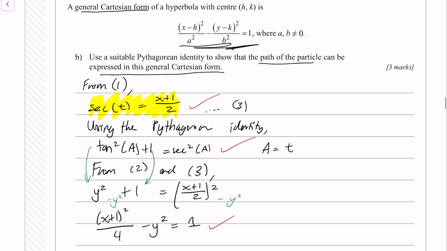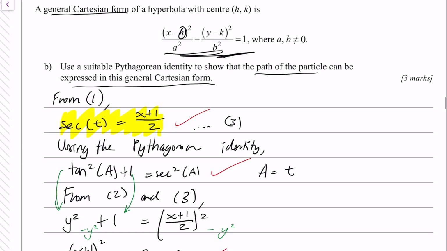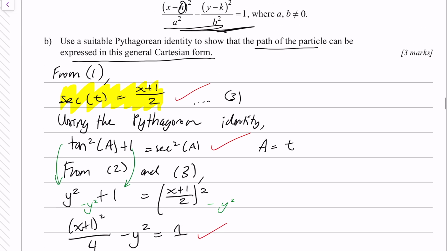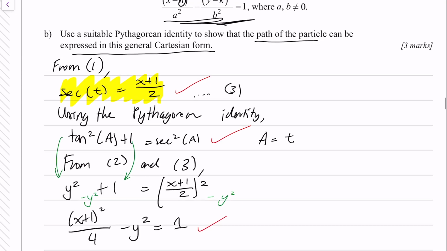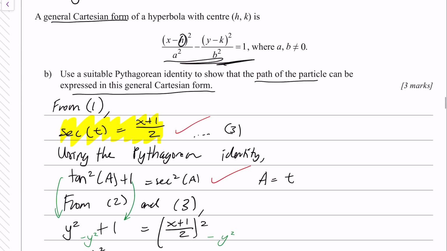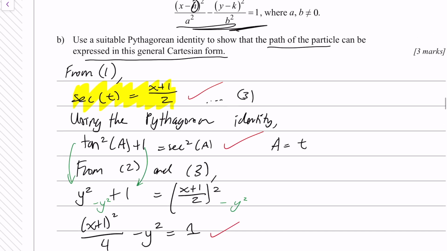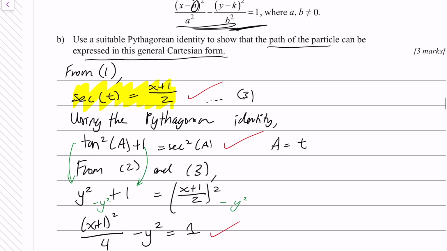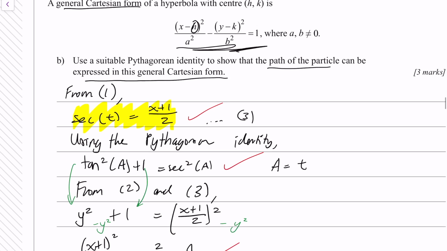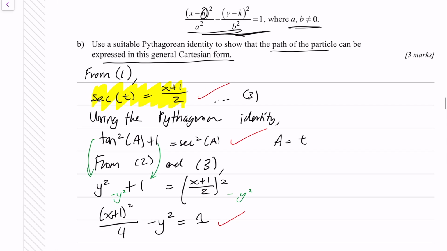You can see that h in this case would be -1, okay, and then a is 2, because that's being squared on the bottom, and then obviously k would be 0 in this case because there's no translation. It's just going to be simply y squared, and then b is just 1. And that follows the limits as well, where a and b cannot equal 0.